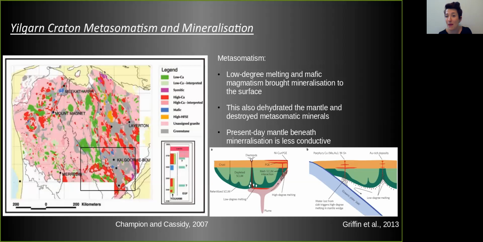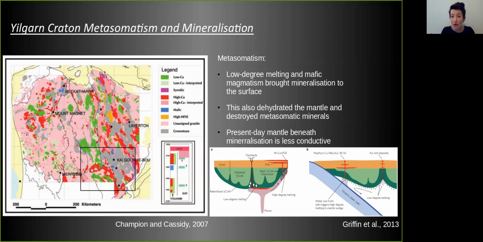But actually, I think maybe that makes a lot of sense because the MT is giving us a present day snapshot of the composition of the lithospheric mantle. And for that mineralisation to have come to the surface and formed those ore deposits within the Eastern Goldfields, there has to have been this low degree melting and a lot of mafic magmatism that has occurred to bring that mantle material up to the surface and form those deposits.